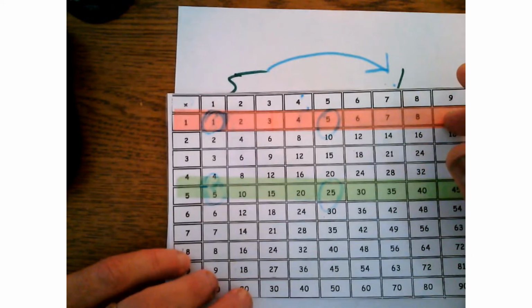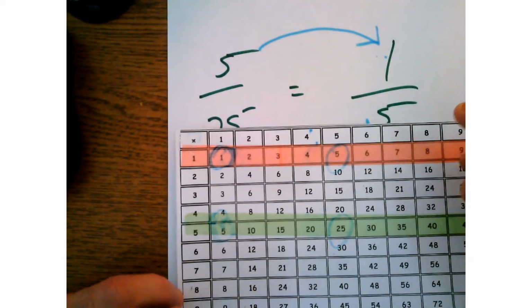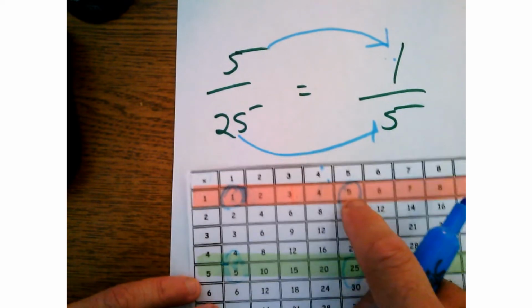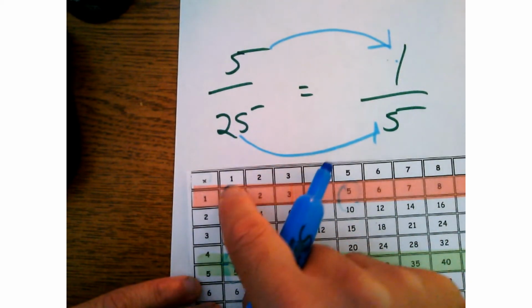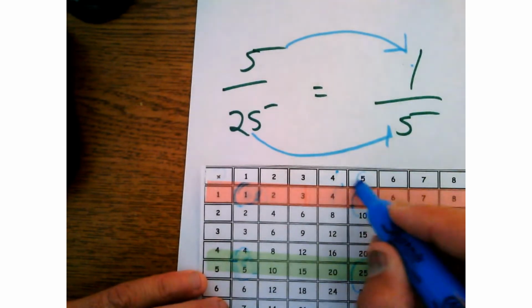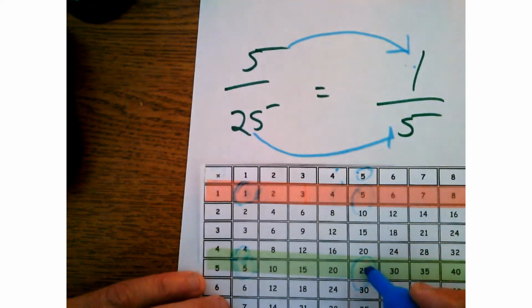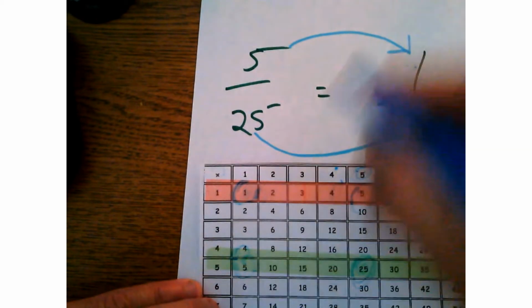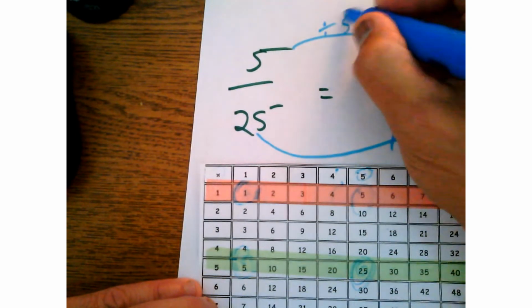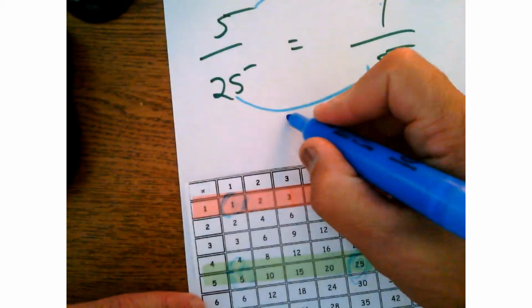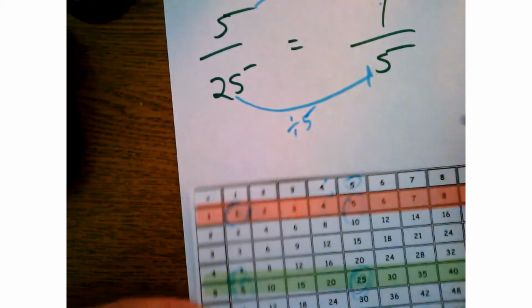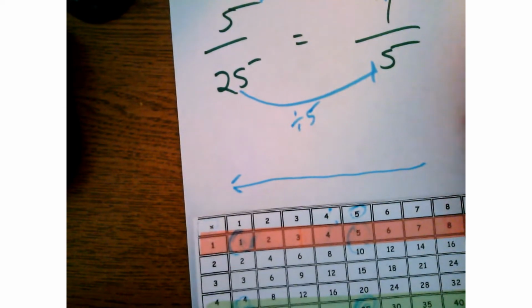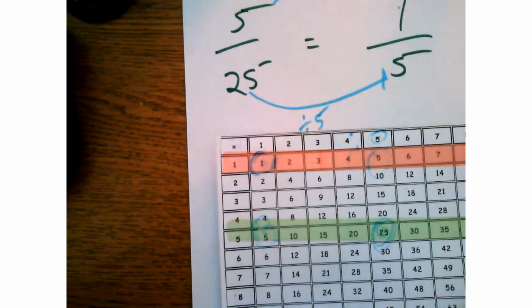As you can see from this chart, they are equivalent. Now, instead of asking myself 1 times what is 5, I'm just going to ask 5 divided by what is 1. And actually 5 divided by 5 is 1, and 25 divided by 5 is 5. So if you look here, it's divided by 5. It's just using the multiplication chart in reverse. Since we don't have a division chart, we just use a multiplication chart in reverse.